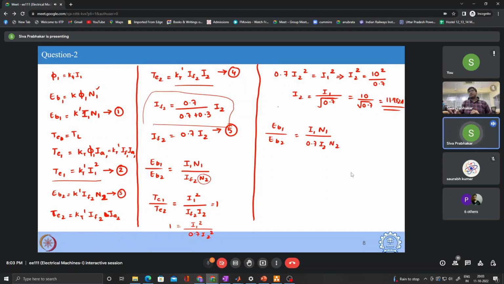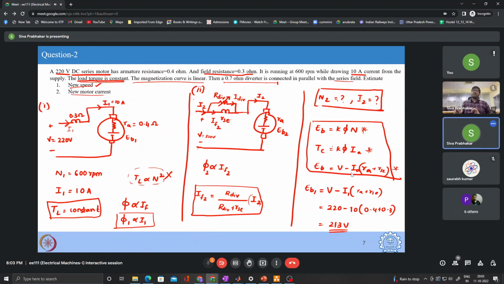So in this particular expression, you have the value of EB1, you have the value of I1, you have the value of N1, you have found out the value of I2. So there are two unknowns, that is EB2 and N2. But here, you have already found out the value of I2.